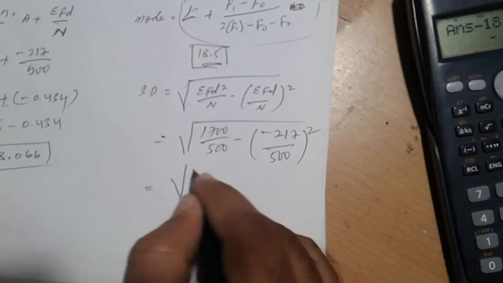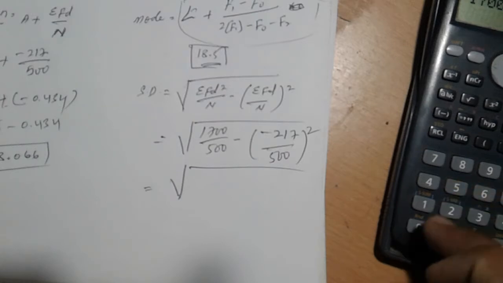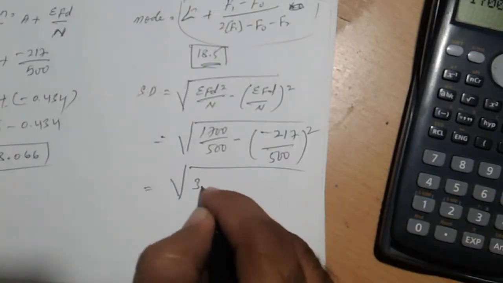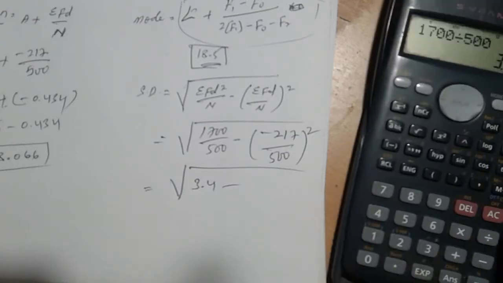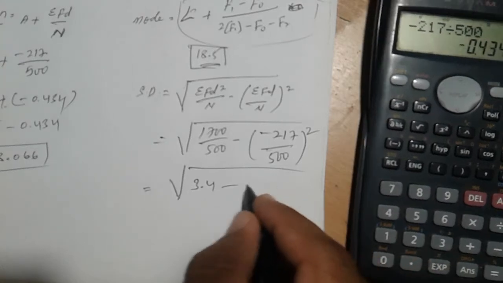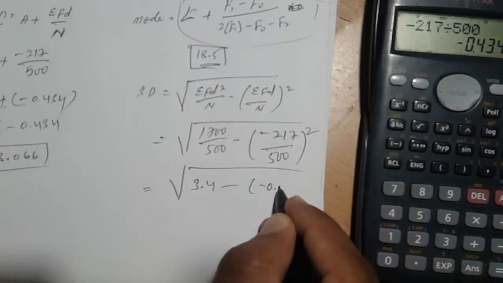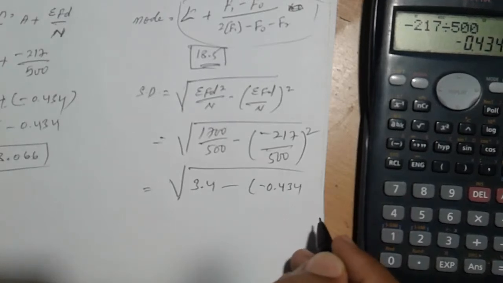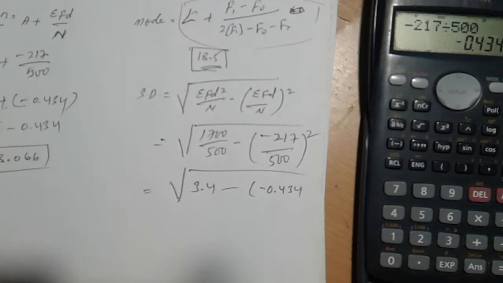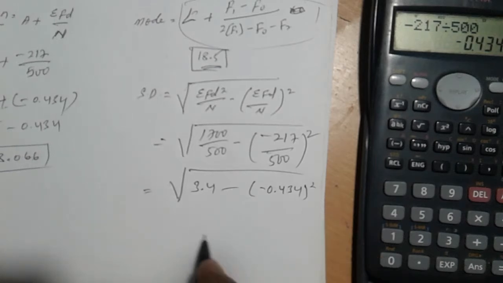So 1700 divided by 500 is 3.4 minus 217 divided by 500. How much? Minus 0.434, because it's minus inside.